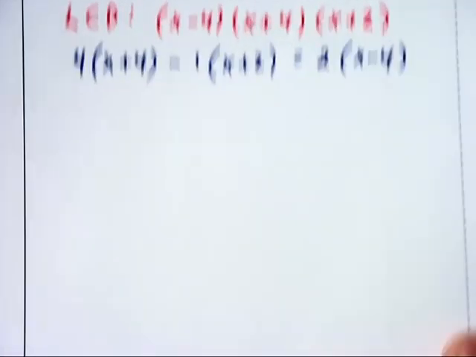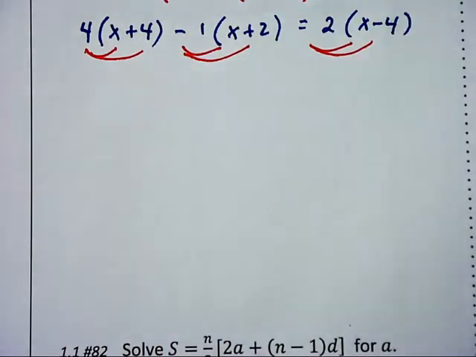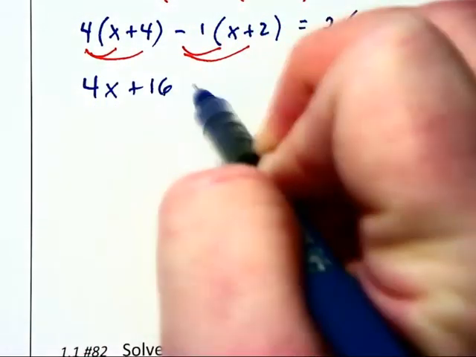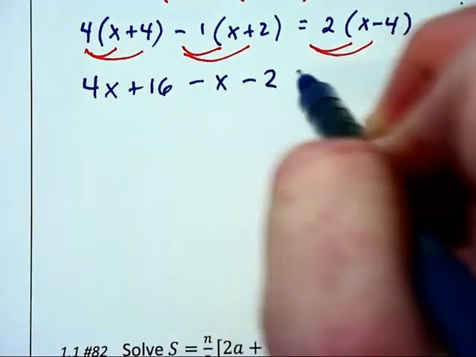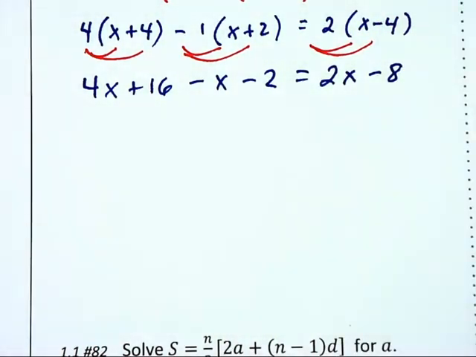Now what we want to do is a little bit of distribution on each side. On the left, we're going to have 4x plus 16 minus x minus 2 equals the right side, which is going to equal 2x minus 8.